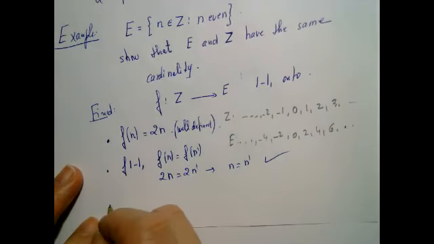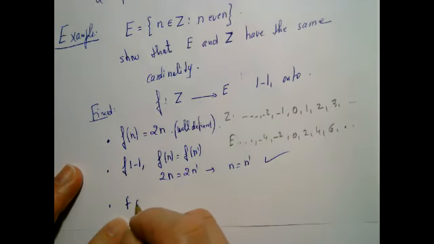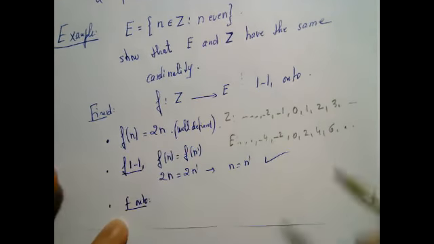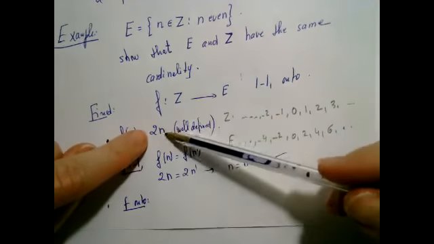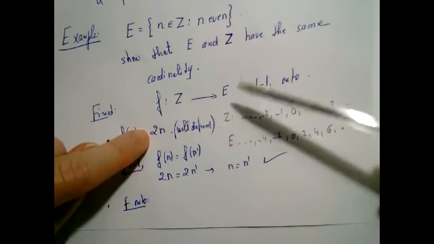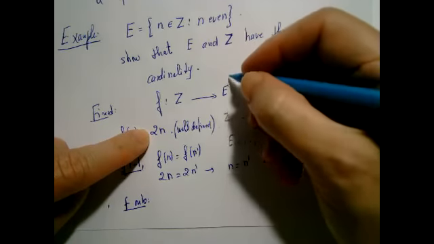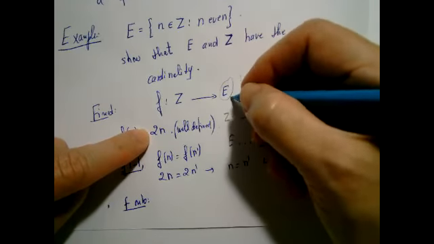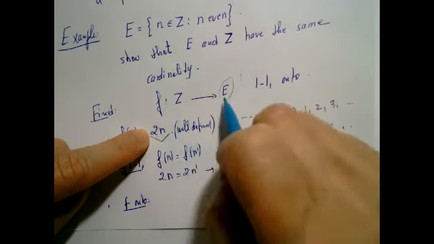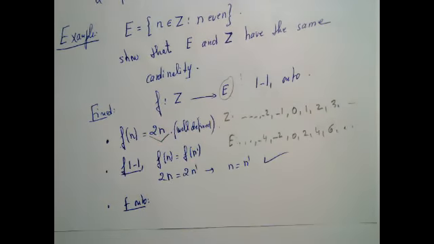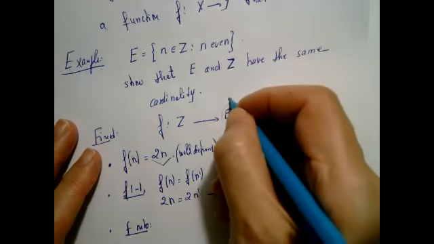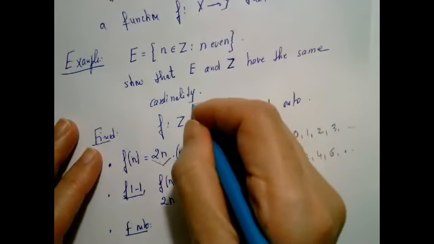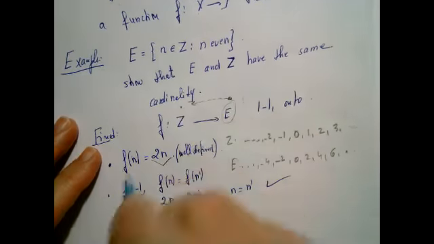Last question. Is f onto? So it's well defined because it's telling me 2n, and I have to make sure that 2n is in E, because this is not Z, it's E, the even numbers. So it is well defined because my output is an even number. Now the question, is it onto? It means if I take any element in here, can you give me the element in Z that's mapped into it?